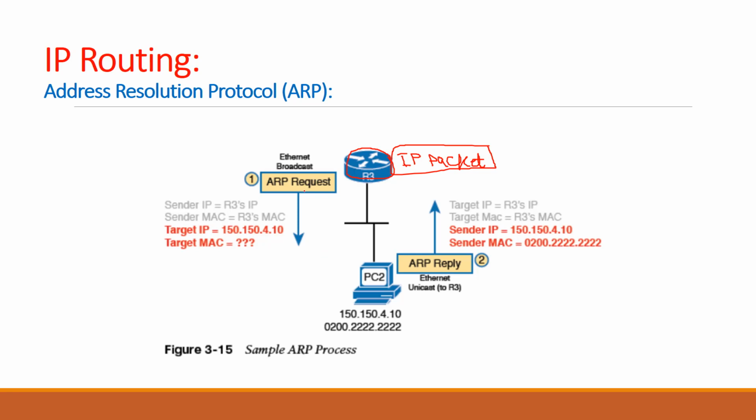First of all, R3 knows the destination IP, but it doesn't know the destination MAC, so switches in the Ethernet LAN can forward the frame based on it.